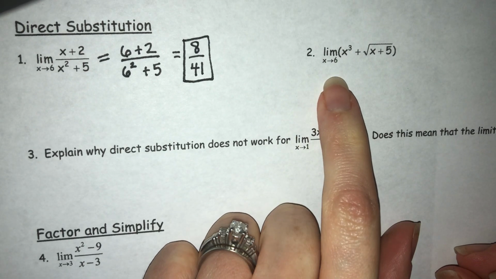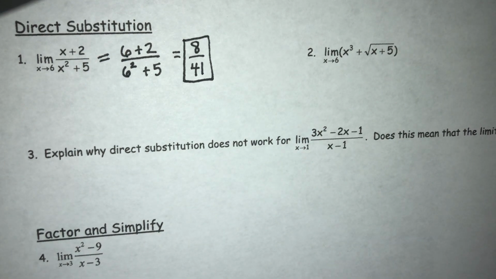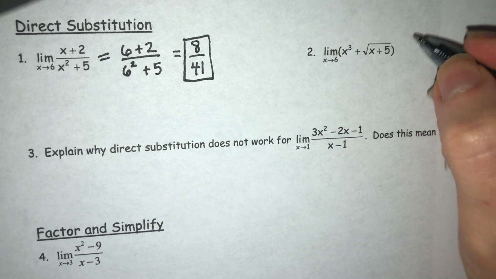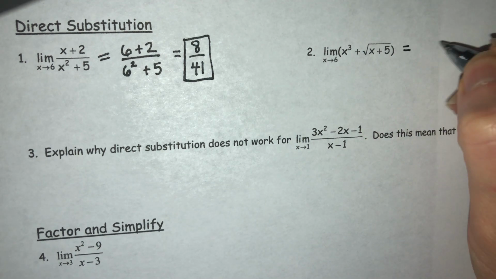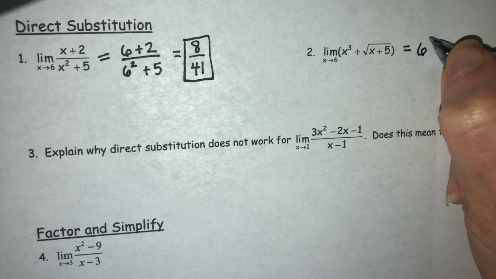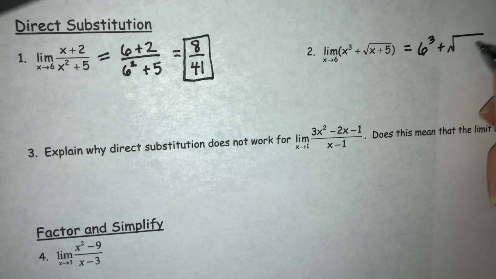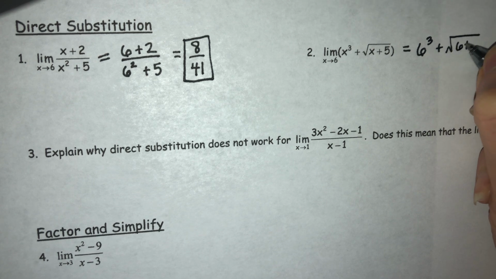So, take a look at number 2. Again, the limit as x is approaching 6. This time our function is x cubed plus the square root of the quantity x plus 5. So, we're just going to substitute 6 in place of the x, so it'll be 6 cubed plus the square root of 6 plus 5.